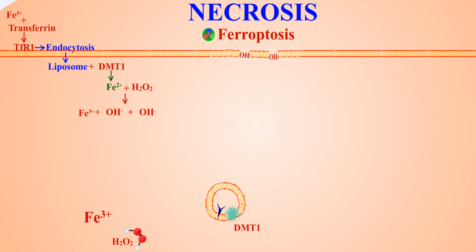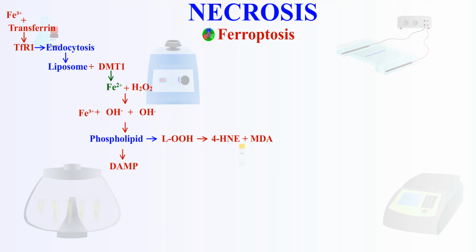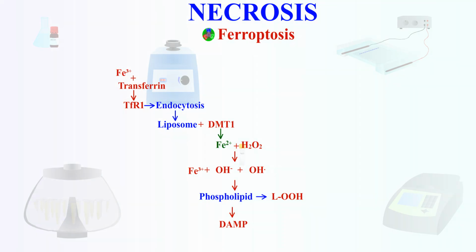ROS causes oxidative stress and lipid peroxidation in cell membranes, forming lipid peroxides, or LOOH. LOOH breaks down into reactive aldehydes, like 4-HNE and MDA, which disrupt membrane integrity and damage proteins and DNA. Excessive lipid peroxidation leads to membrane rupture, releasing DAMPs.